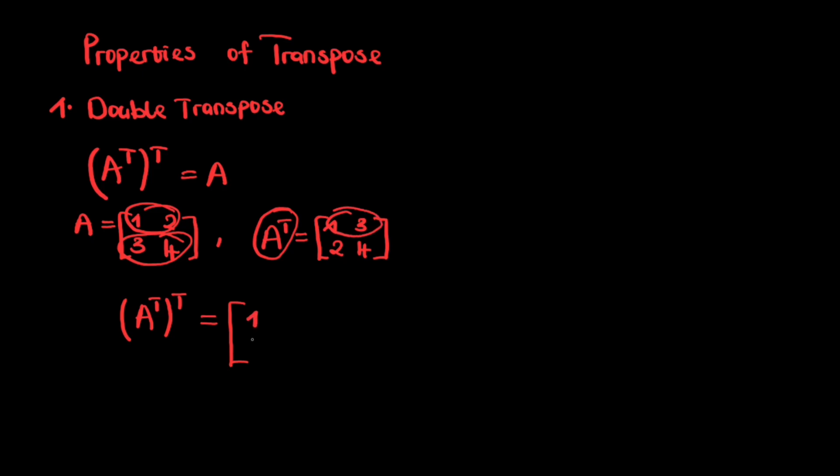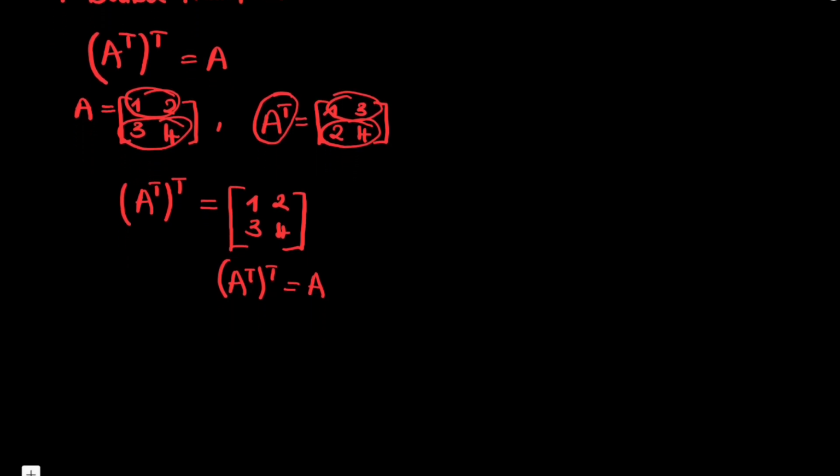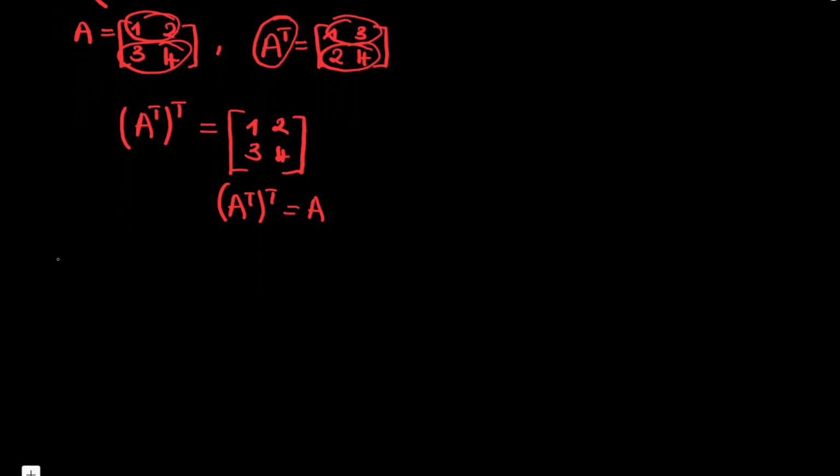So we have 1, 3, and 2, 4. As you can see, we have obtained the original matrix. So this proves that if you transpose twice, then you come back to the original matrix. Okay, so that was the first property of transpose.